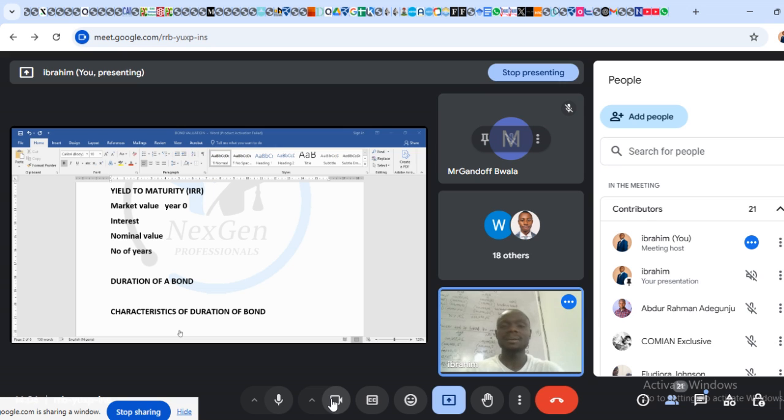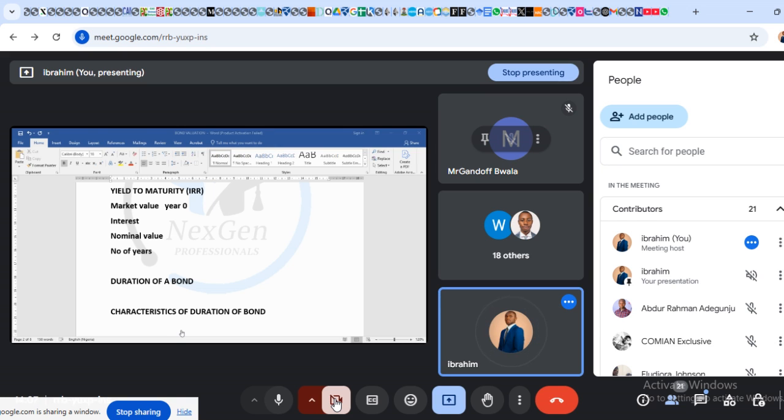Class, are we still together? So duration of a bond is a measurement of the average life of a bond. Duration of a bond means when you will collect your principal and interest.